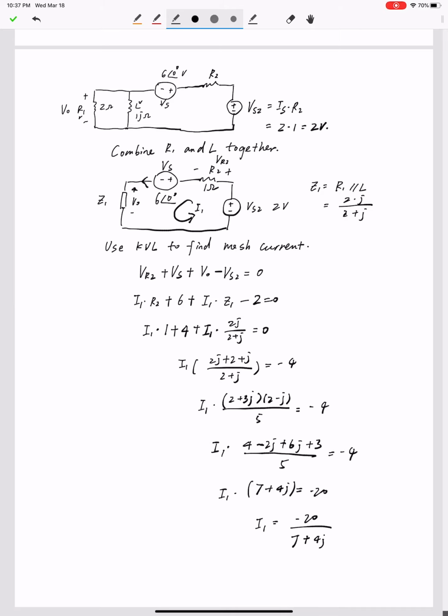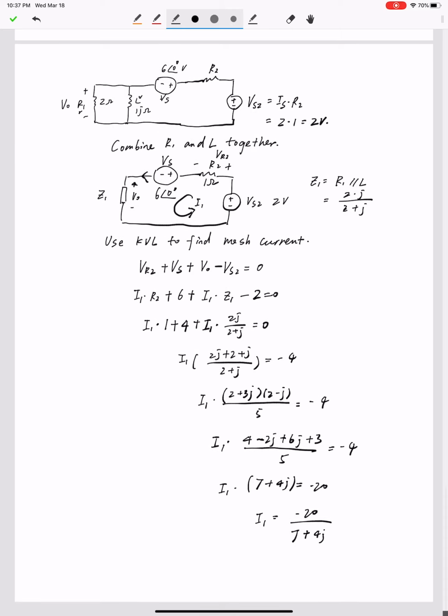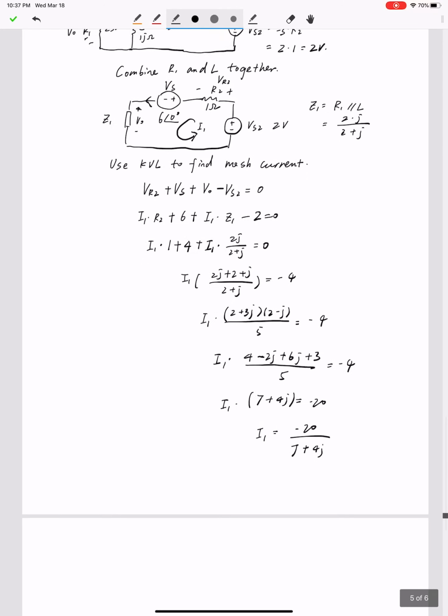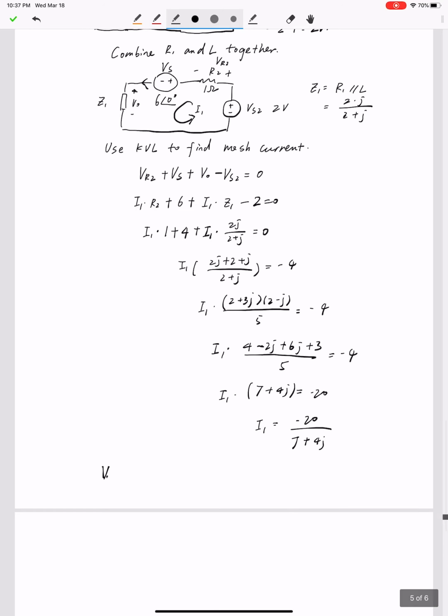After we have I1, the rest of the work should be easy, because V0, which is the voltage across Z1, equals I1 times Z1, which equals minus 20 over (7 plus 4j) times 2j over (2 plus j).